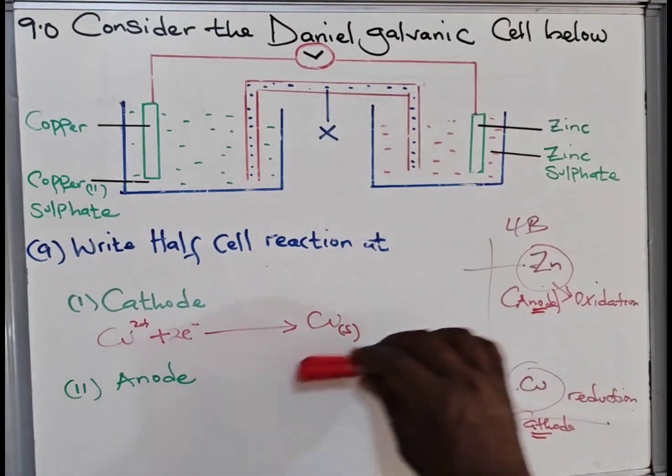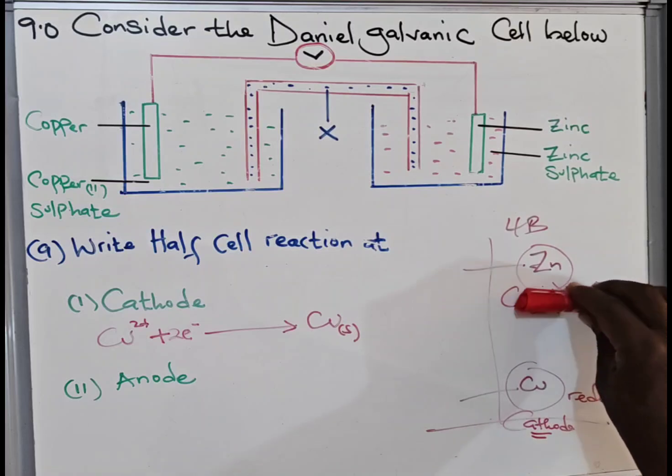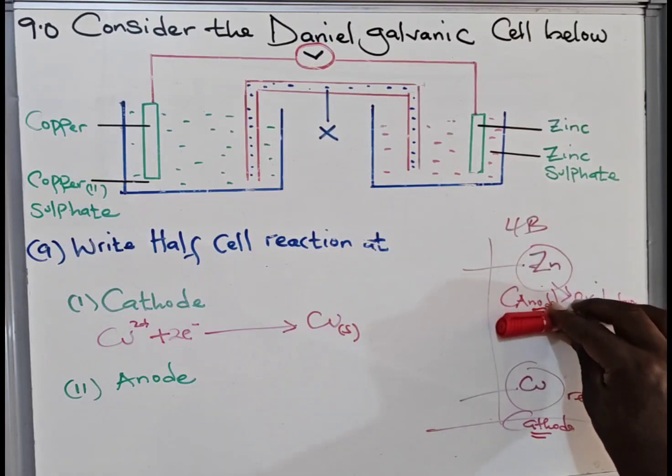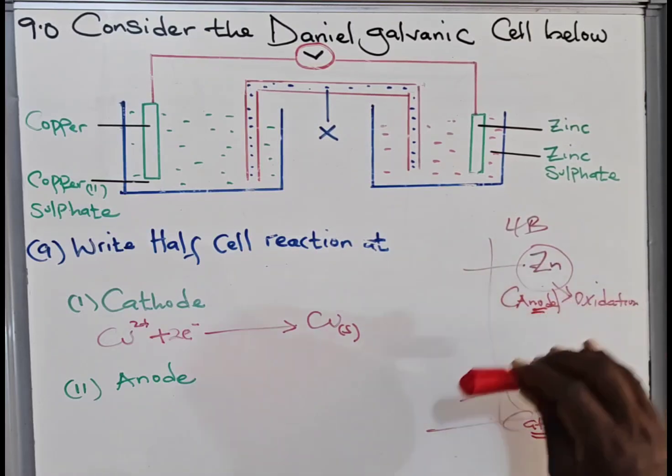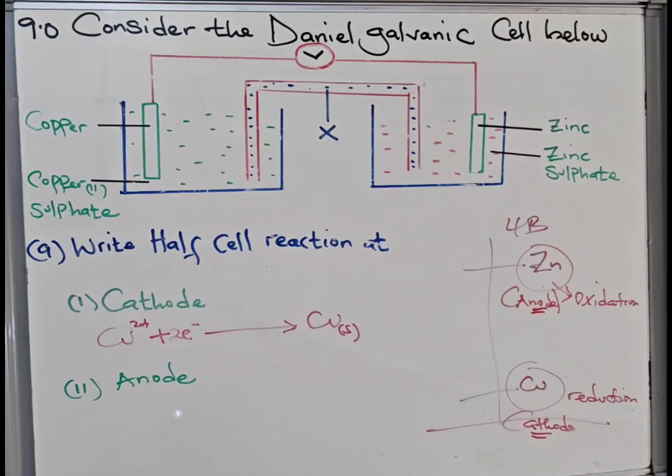Now, this question wants the reaction at the anode, and the reaction at the anode involves zinc. We need to know that the reaction at the anode is oxidation. In terms of positive ions, oxidation is the increase in charge, or the change from solid to ions.